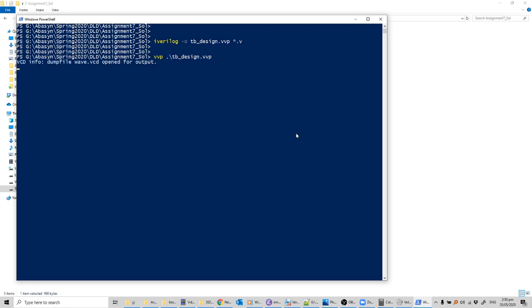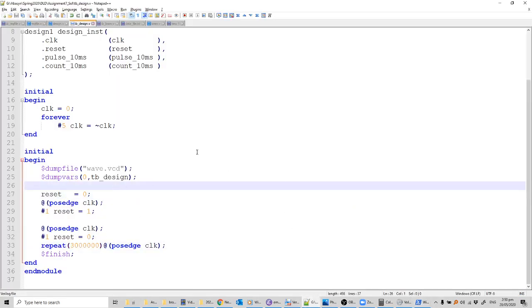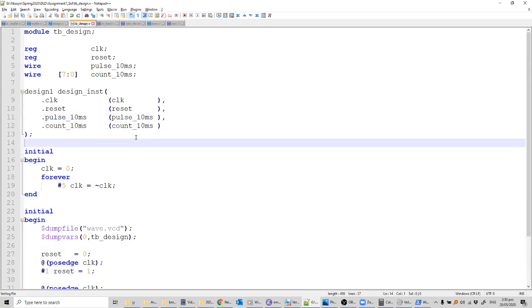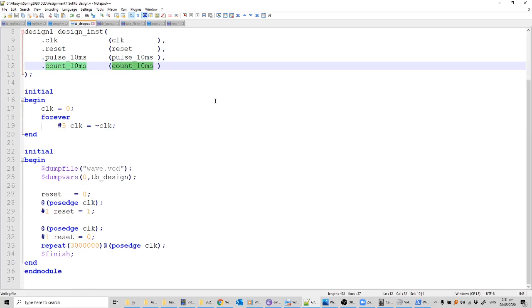It will take a while because there are a lot of cycles that I have passed, and I need to pass a lot of cycles because I want to see whether this counter gets reset when it reaches 100. For every 20k cycles, this increments by 1. So every 20k into 10 into 100 cycles, it should be reset once.